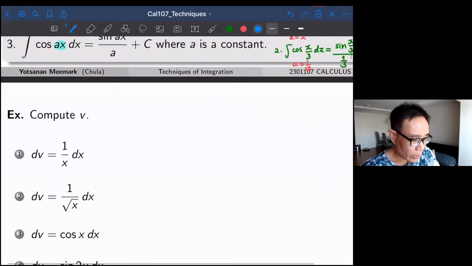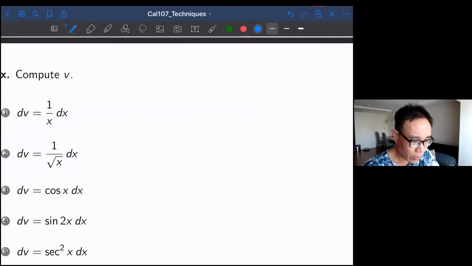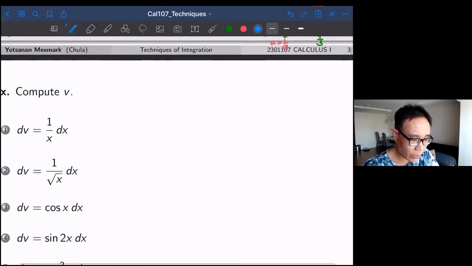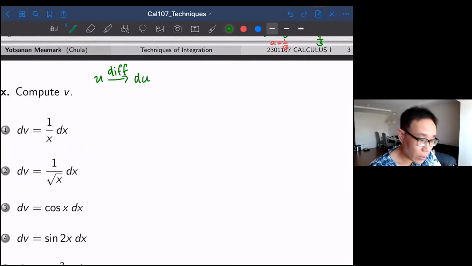The next one is if you identify dv in terms of something dx. If you have dv like this, how could we find v? Let me discuss this. For using by parts, you compute du. However, in this case, you know dv.